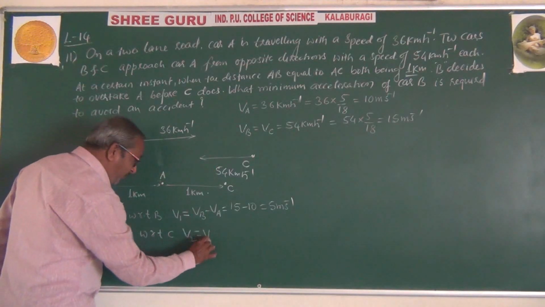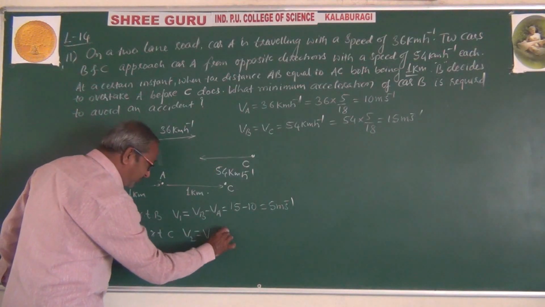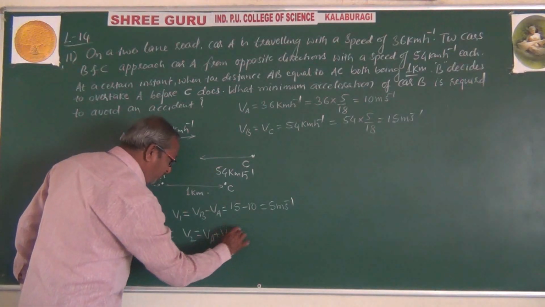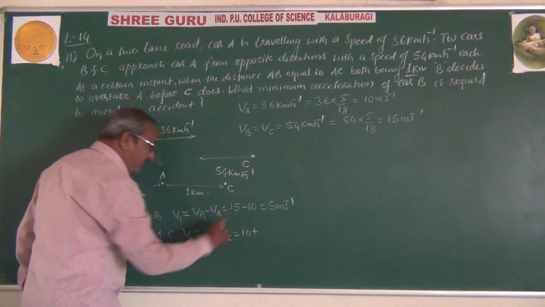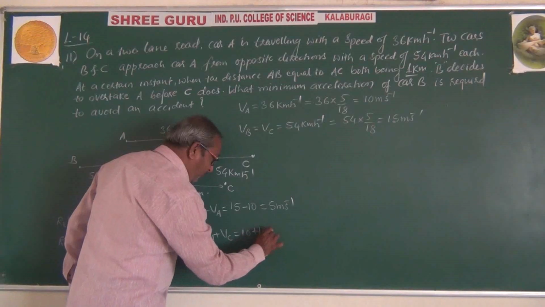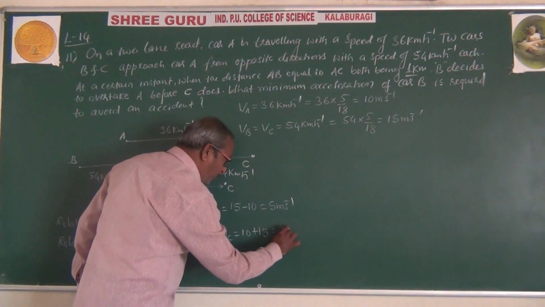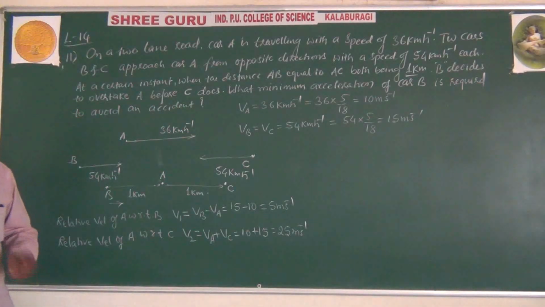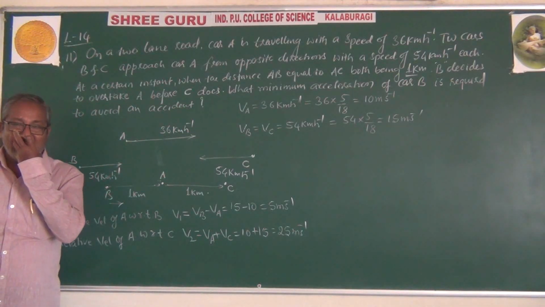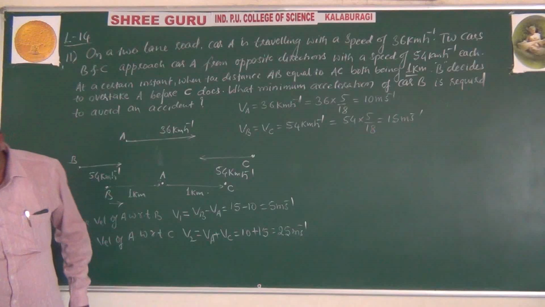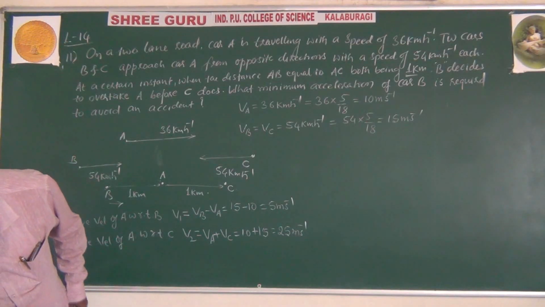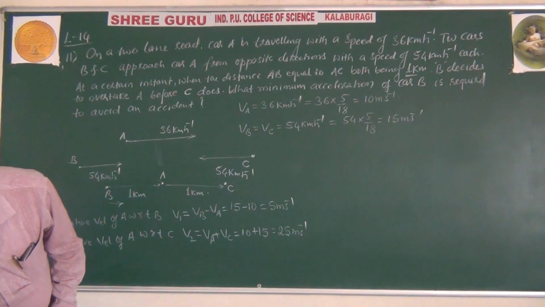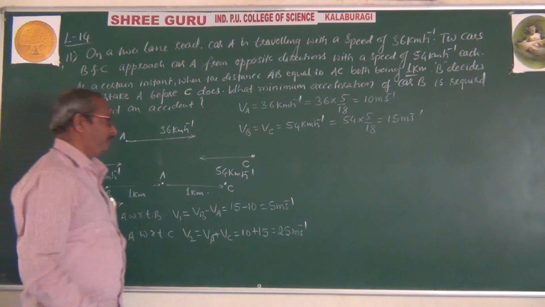So therefore VA plus VC, where VA is 10 plus VC is 15, equal to 25 meters per second. These are the relative velocities of A with respect to B and A with respect to C. Now let us take T be the time taken by C.